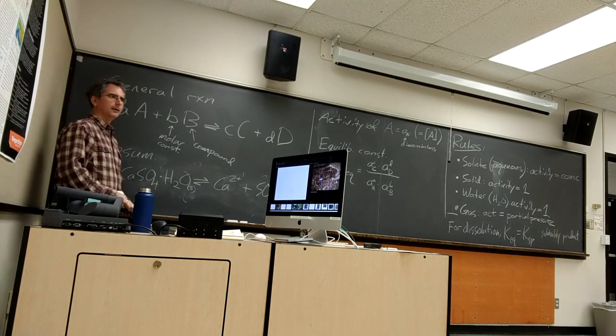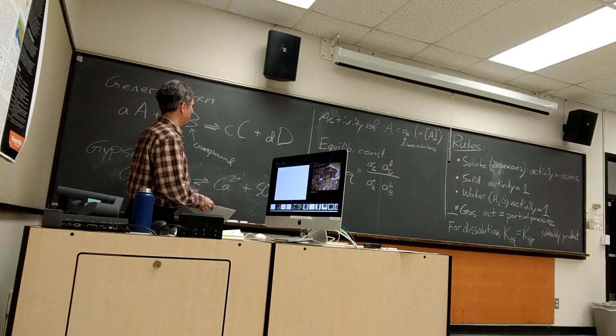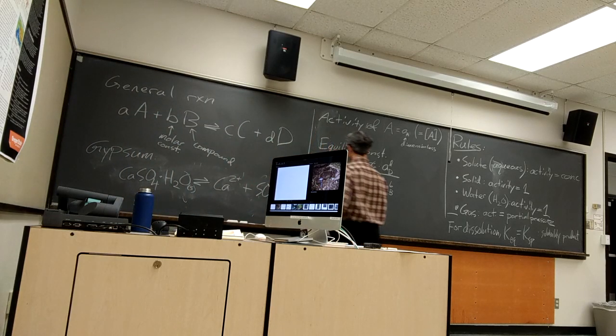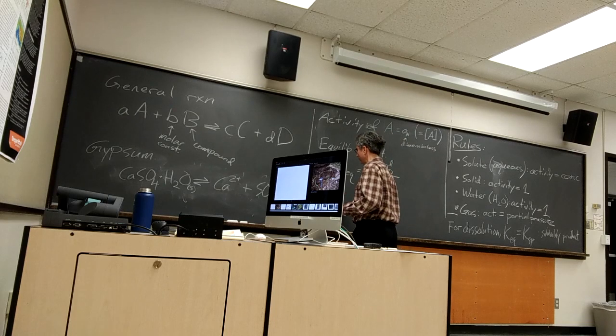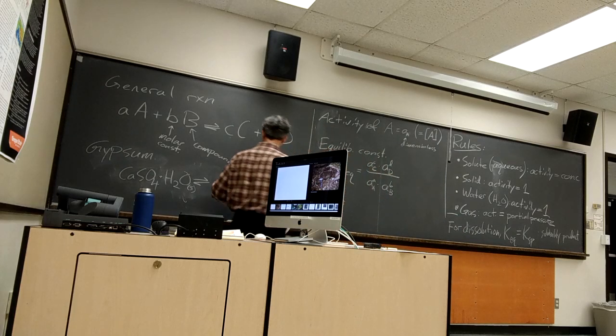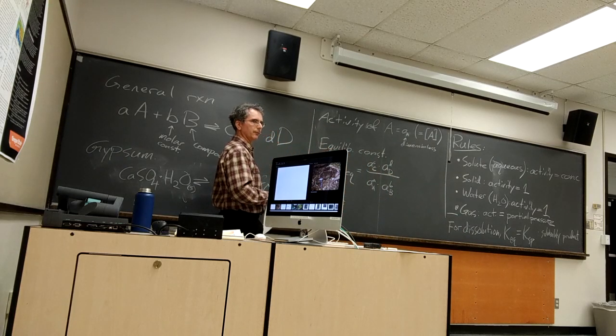Whatever. The important thing is, okay, then what's the equilibrium constant for this? Or so-called solubility product, we'll call it. It's simply the concentration of the calcium ions times the concentration of the sulfate ions.